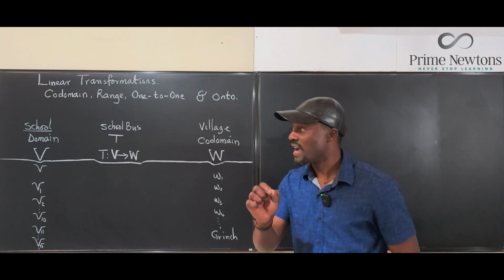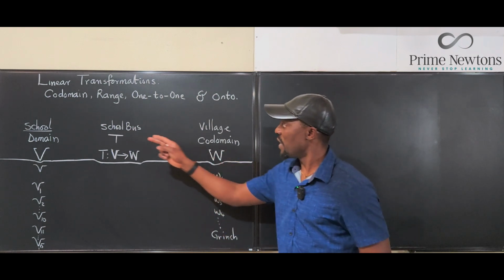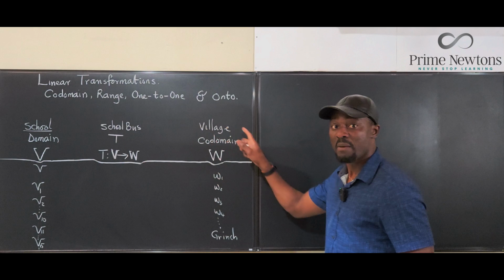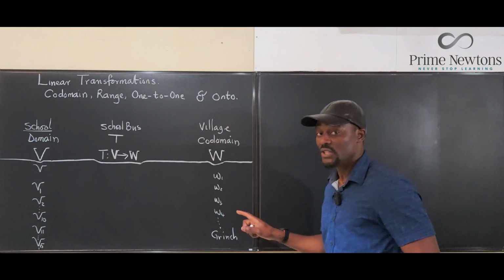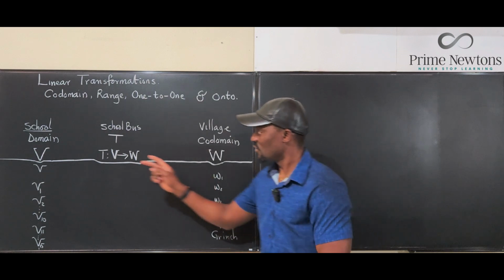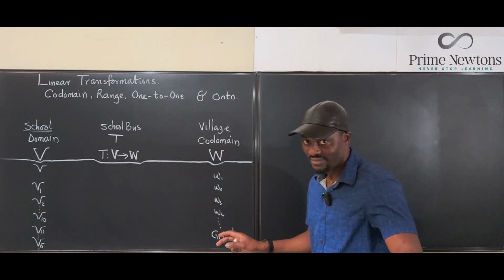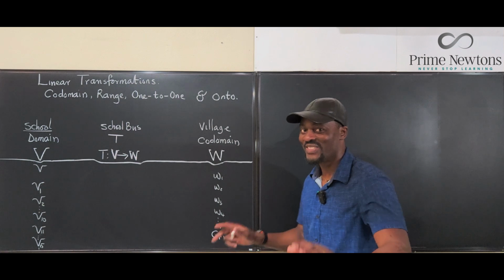The codomain is basically the vector space to which the linear transformation maps. It does not mean everybody in that codomain has some vector that is mapped to it. Okay, we got that one down.